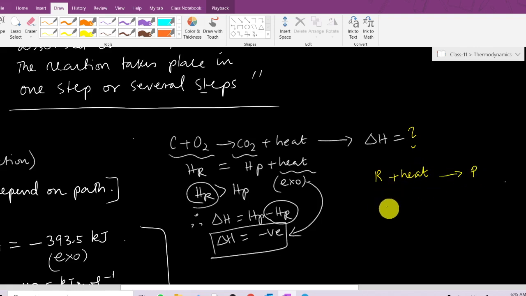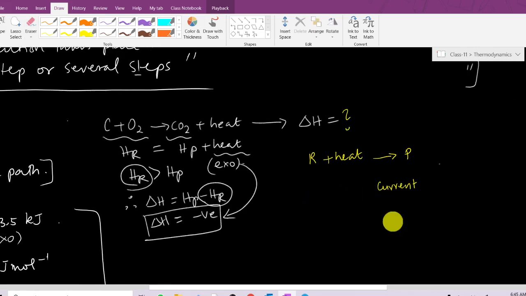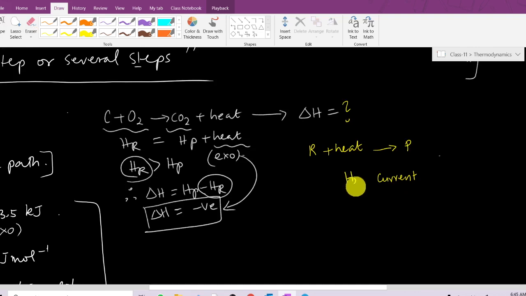For example, if you take water and supply current, that is electrolysis, you will have hydrogen plus oxygen coming out of this. So if you take 2 molecules of water, you will get 2 hydrogen and 1 molecule of oxygen.